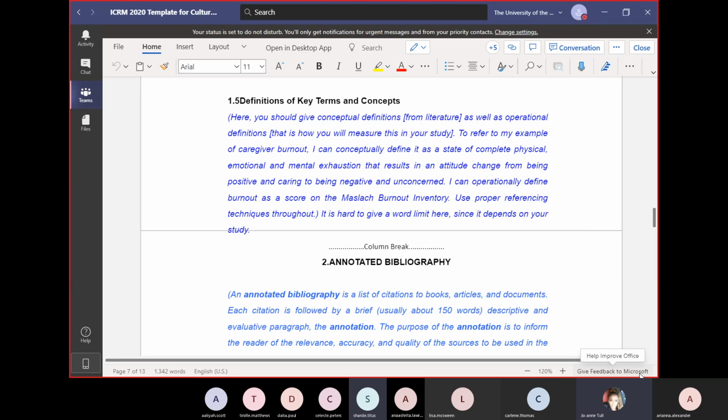Yes, Miss. It says on the side, on the right hand side. Let me just go into it. You will see a box that looks like somebody making a comment. Okay. Yes. Click on the box.